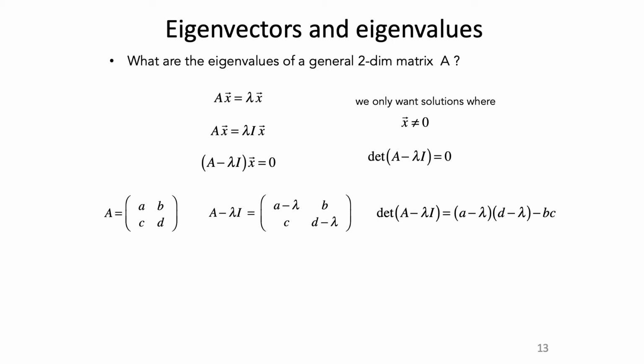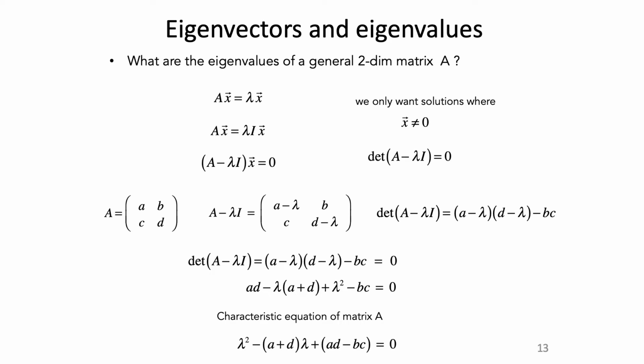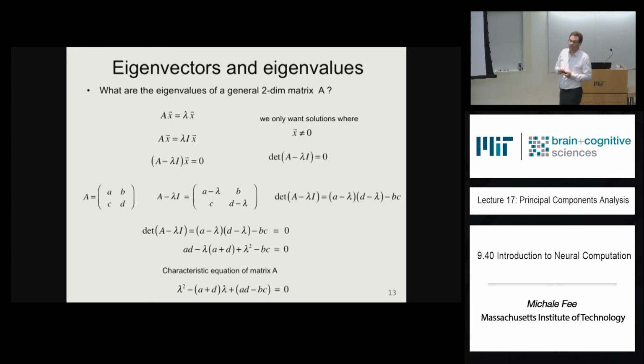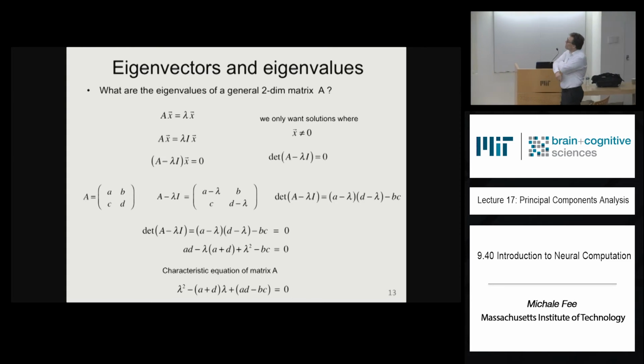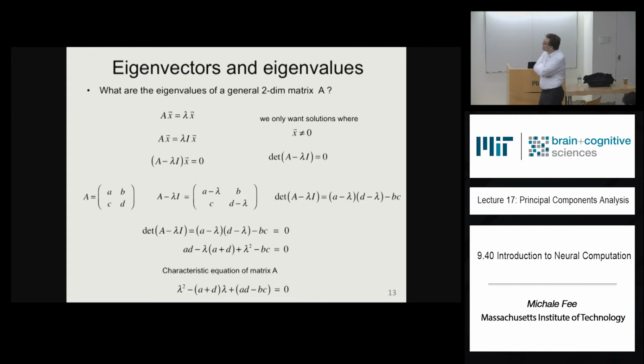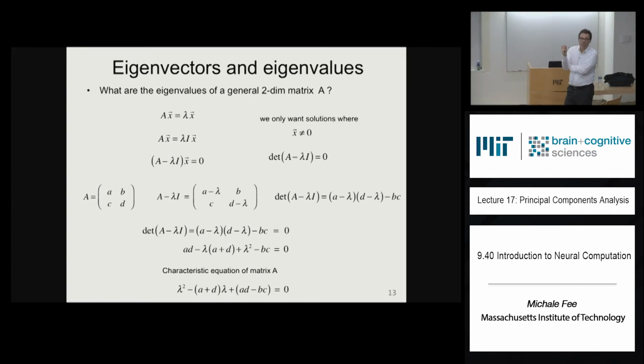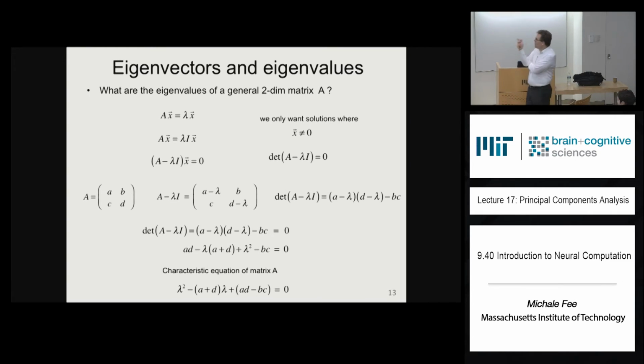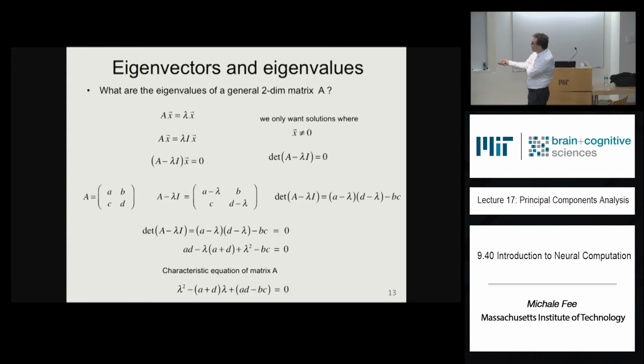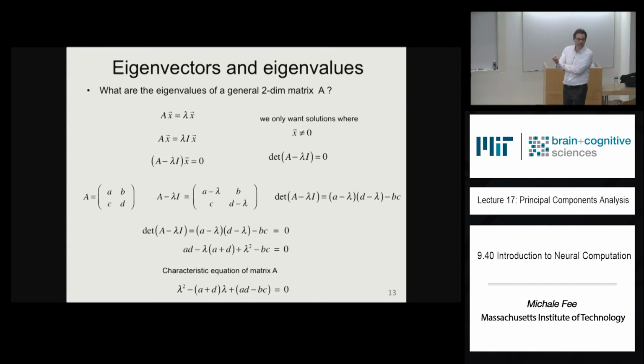And we set that equal to 0, and we solve for lambda. And that just looks like a polynomial. So the solutions to that polynomial solve what's called the characteristic equation of this matrix A.